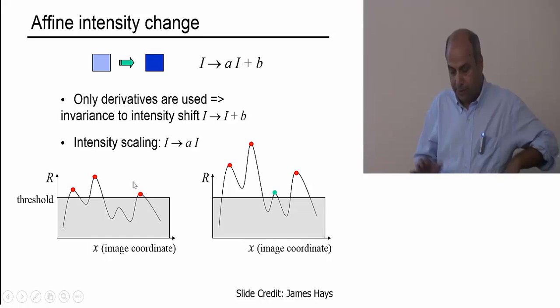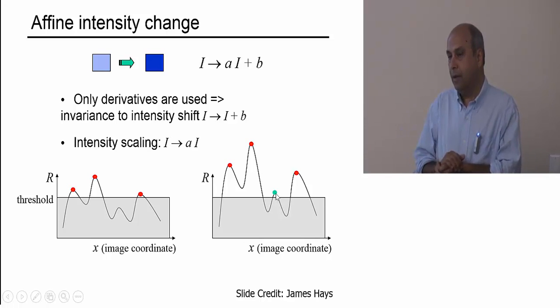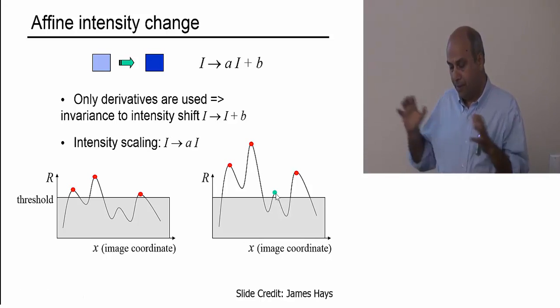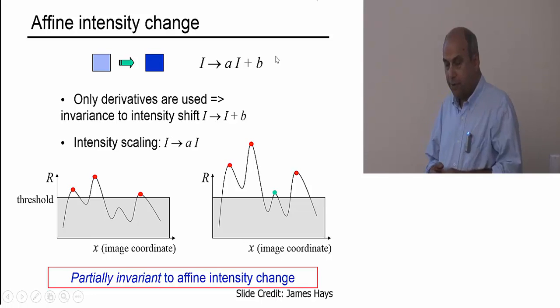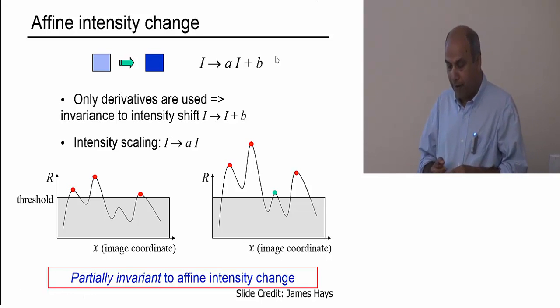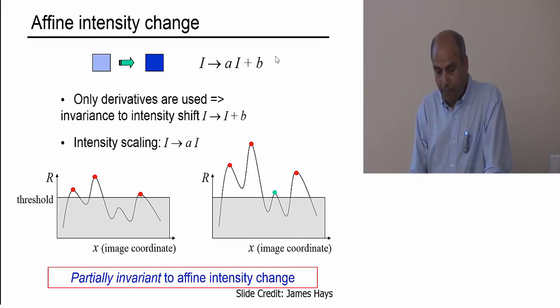Now say we multiply with some number a, and it becomes like that. Now using the same threshold, we are going to get this extra thing. That makes a little difference, but the translation won't make a difference if it was just this b. Therefore it is only partially invariant to affine intensity changes, which means it's not invariant to scale.